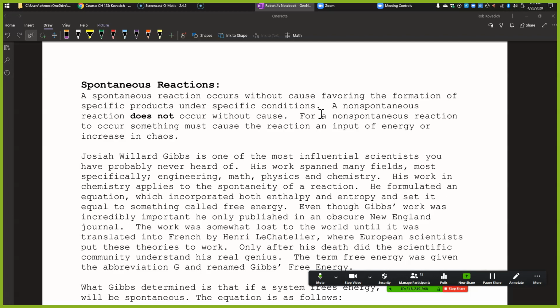Can somebody tell me why a person can't spontaneously catch on fire? There's no energy going into that. Nothing sparks it. Because you're 70+% water, and water is not flammable.